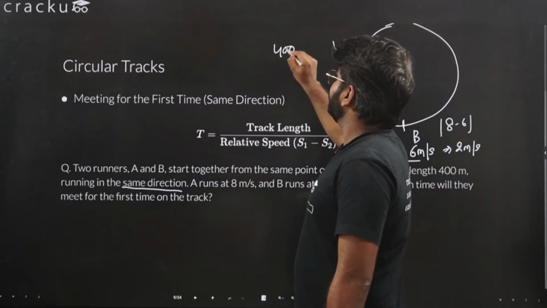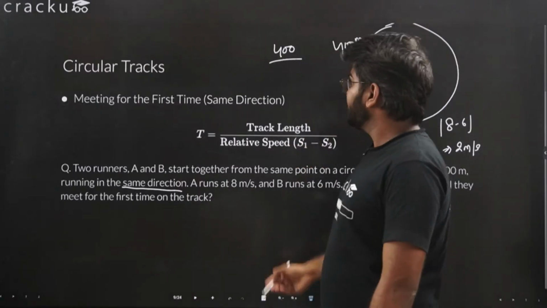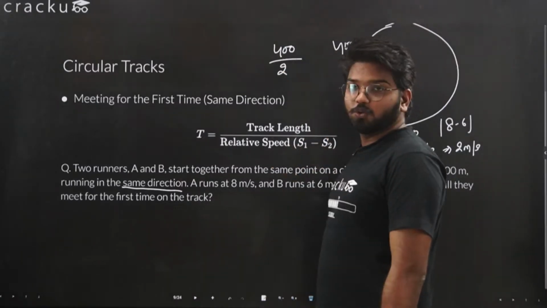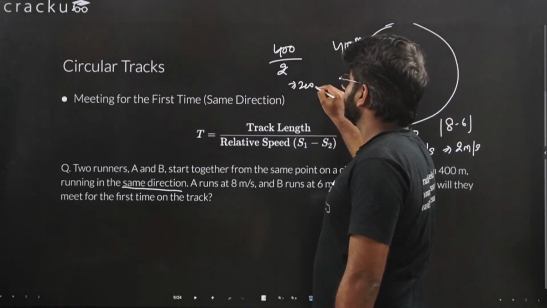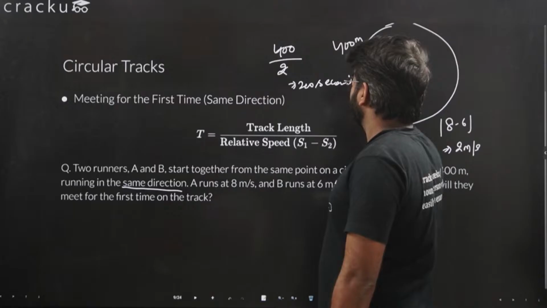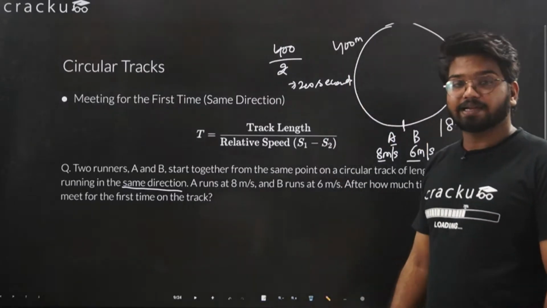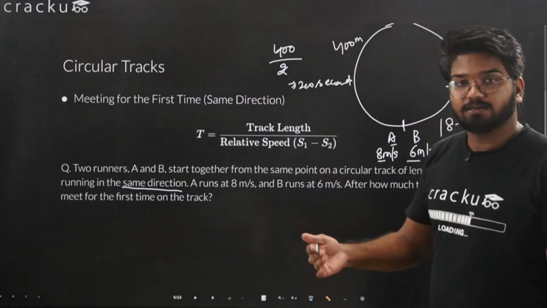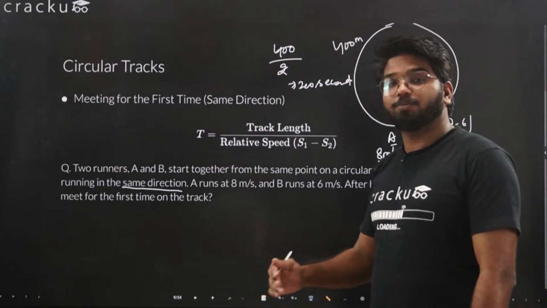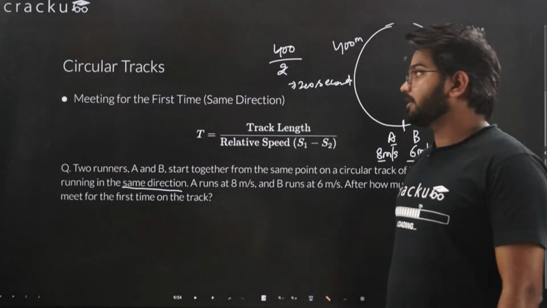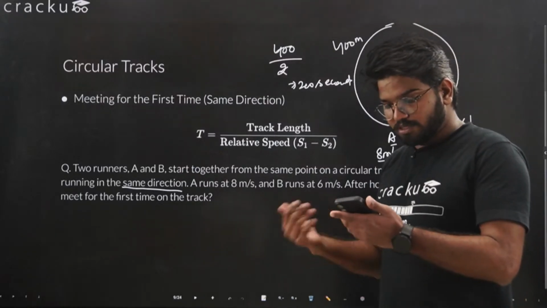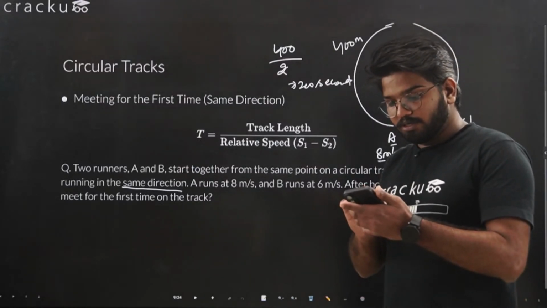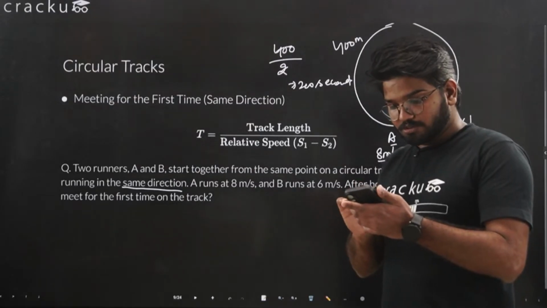So A has to cover 400 meters with the relative speed, which is 2, and that is equal to 200 seconds. So A and B will together take 200 seconds to meet for the first time after they start. And the opposite case is when both are moving in opposite directions.